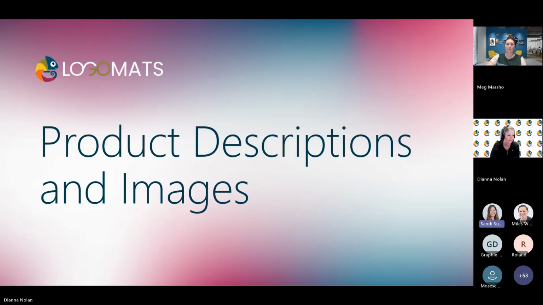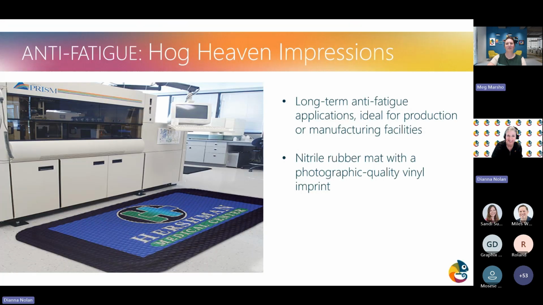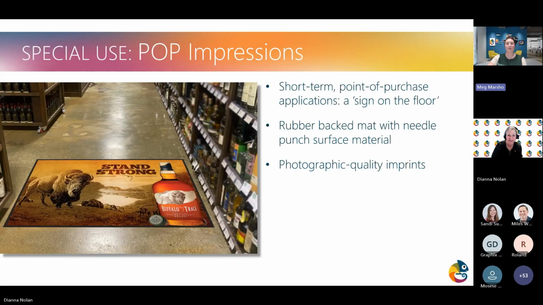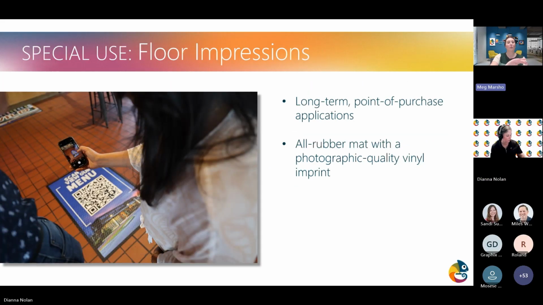Thanks, Diana. Next question is, what products can use a QR code? This would be a great way for event registrations at trade shows and events. Meg, if you want to take that one, I'll do the visuals while you're talking. Definitely. So for QR codes, we recommend our floor impressions product or the pop impressions.